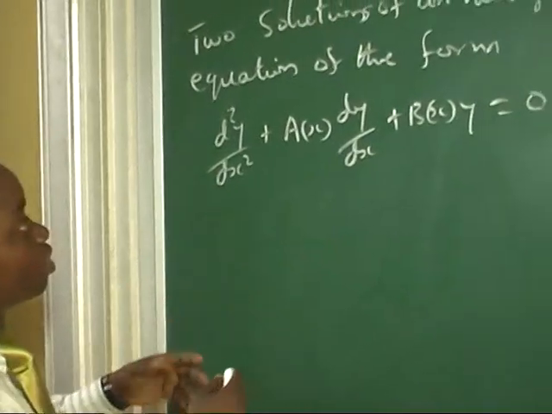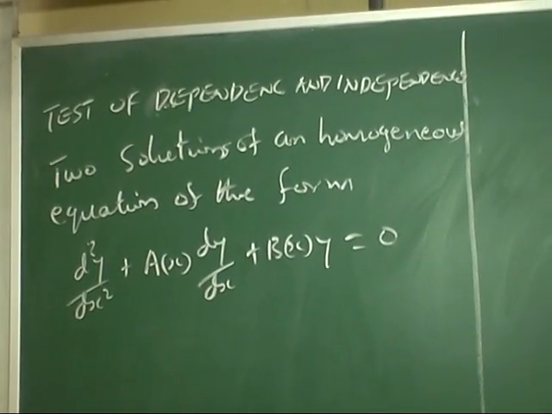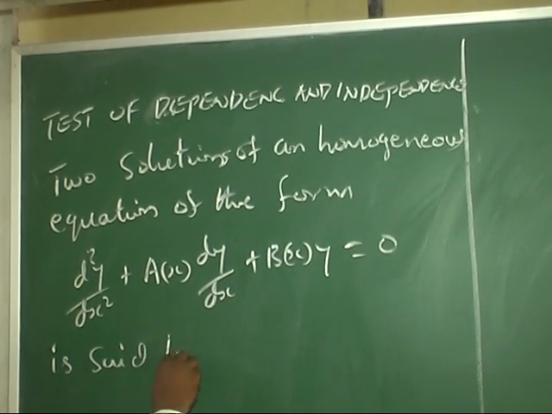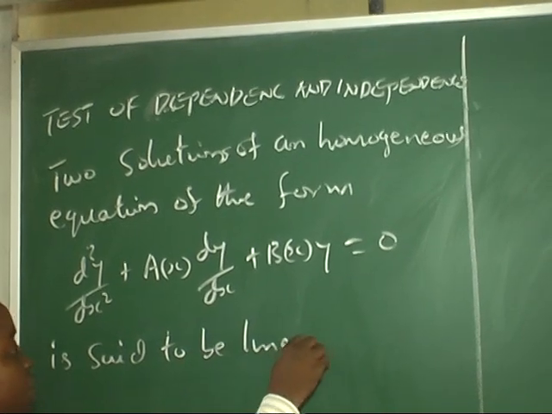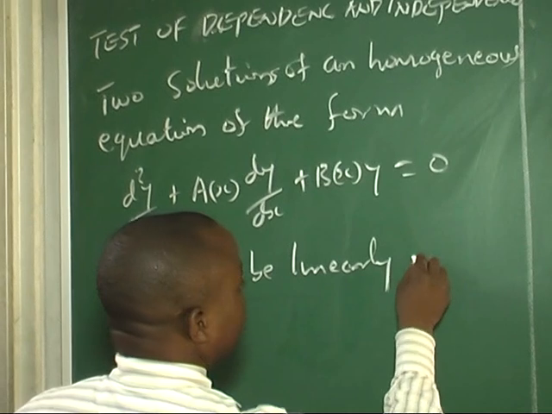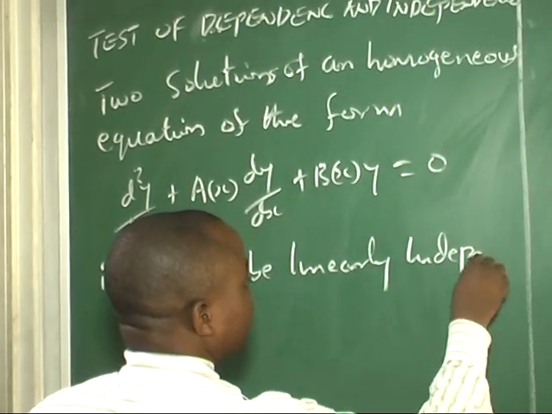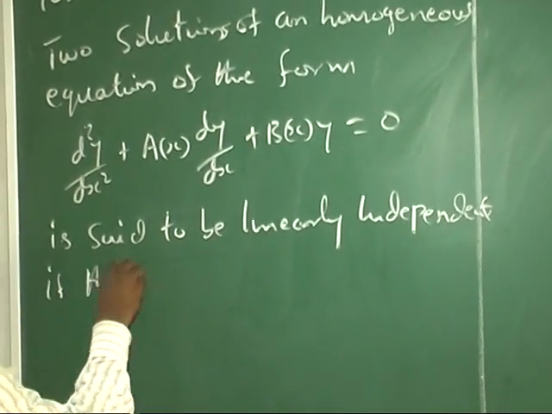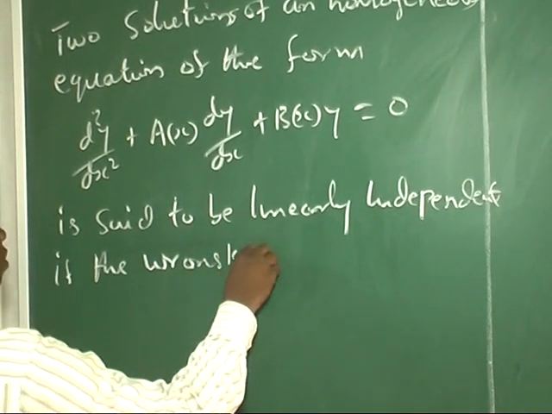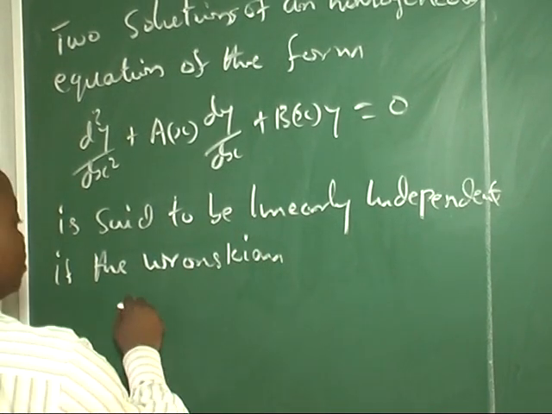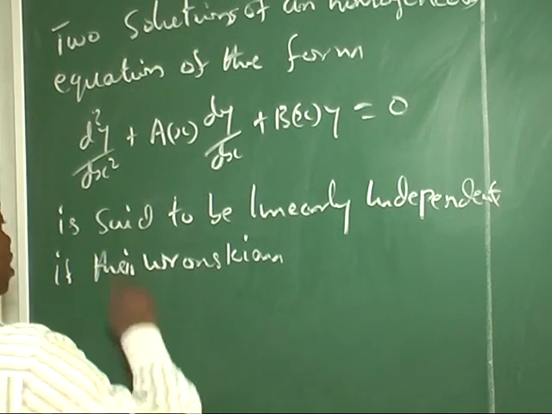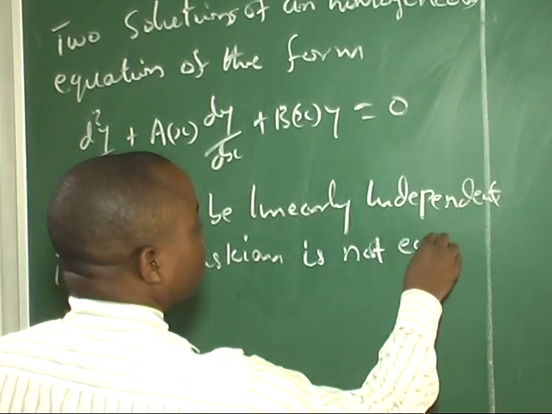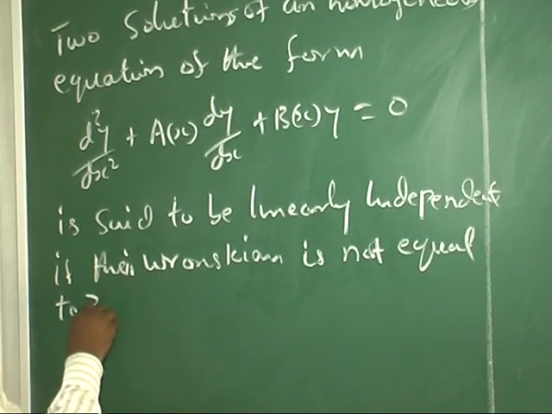Okay, now these two solutions of a homogeneous equation of this form are said to be linearly independent if the Wronskian is not equal to 0.